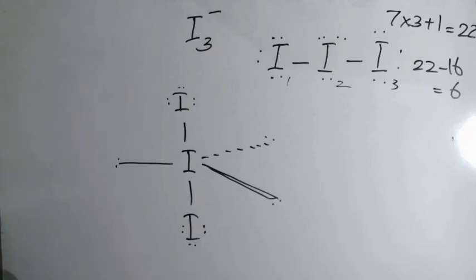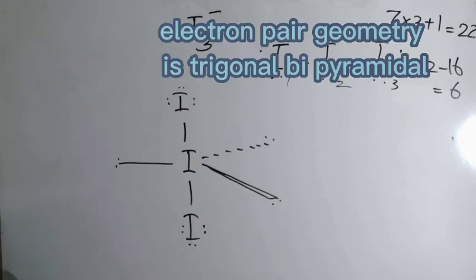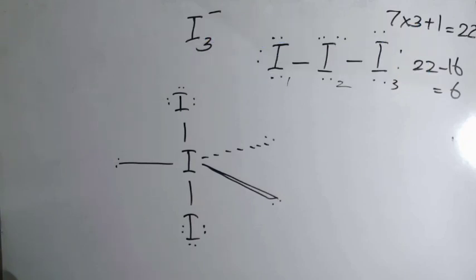But if we consider them with the lone pairs, then that is not going to be in a linear position. It should be trigonal bipyramid. So this is important. Triiodide has two geometries, so we have to consider bonding pair geometry and electron pair geometry.